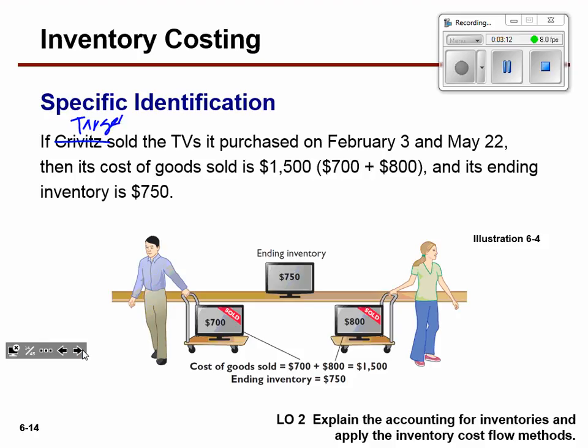Target's selling this TV. They're going to physically take the one that they bought in February. I think this was the February TV. And then they're going to sell the one that was on May 22nd. That's the May TV. Does that impact their net income?